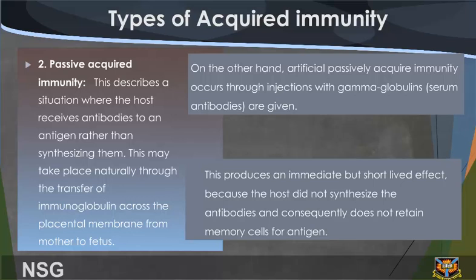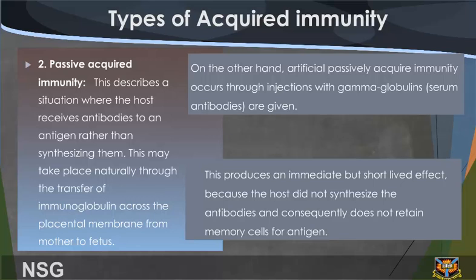This describes a situation where the host receives antibodies to an antigen rather than synthesizing them. This may take place naturally through the transfer of immunoglobulin across the placental membrane from mother to fetus.